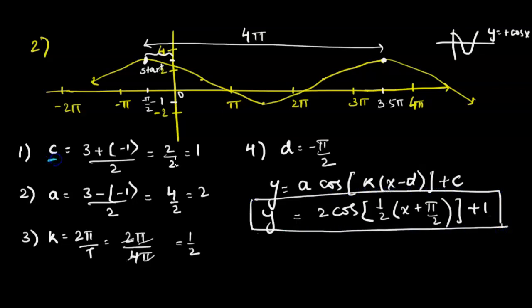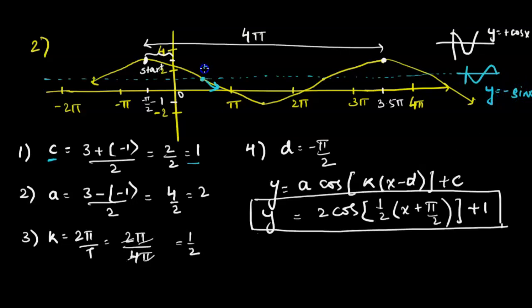Now we know c value is 1, so the equation of axes is going to be at 1, that is this one. To find out the sine start point, we need to locate where the graph intersects the equation of axes. So that is called the 0 point. Let's say we consider this as the start point for sine function, because sine starts at the 0 point. Cosine starts at the max or the min point. So if we're considering the start point for sine as the 0 point and the graph is moving downwards, that is like this, this means this is the graph of negative sine x parent function.